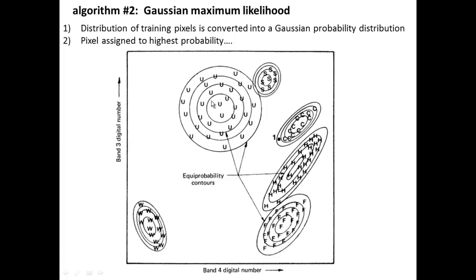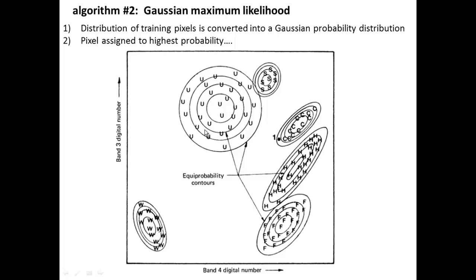So if you're on this line, you might have a 90% chance of being in urban. On this line, an 80% chance, 70% and 60% chance of being urban. And of course, your probability of being urban gets lower as you get further away from the center of this cluster. Okay? So first we define these Gaussian probability fields for each group or each surface type.